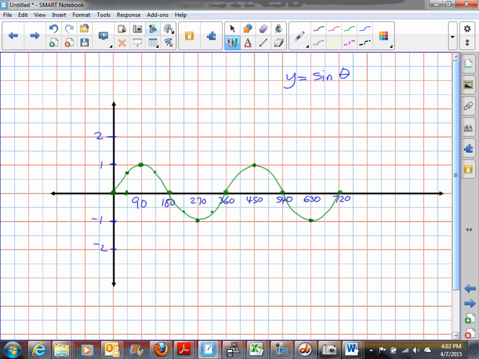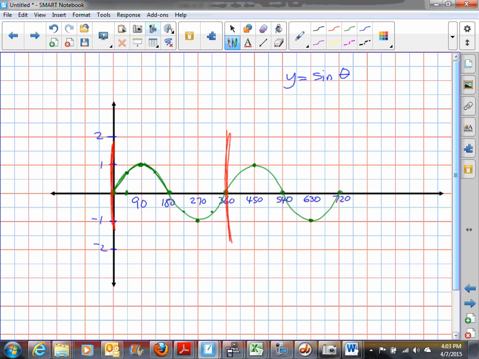Now, it's kind of important that this shape become meaningful to you. This is the sine graph, and there's a number of features of this that you probably need to recognize. First of all, one period or one cycle of the graph goes from 0 to 360, and then it just repeats that same cycle over and over and over again.